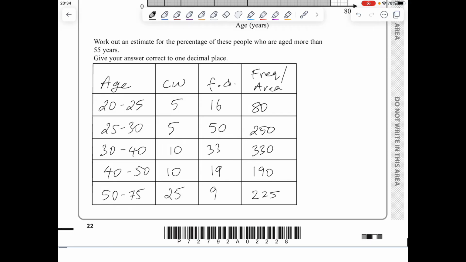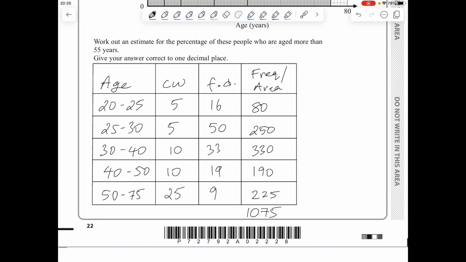If you add all those up, you'll get 1075, and this is the total area based on the scale I have chosen. So if you've chosen a different scale, you'll get a different number. This number will be the denominator of my fraction.